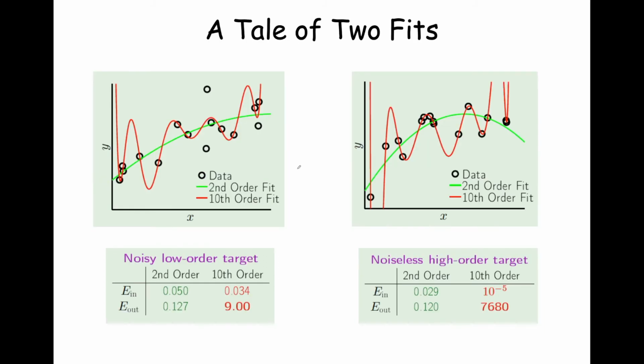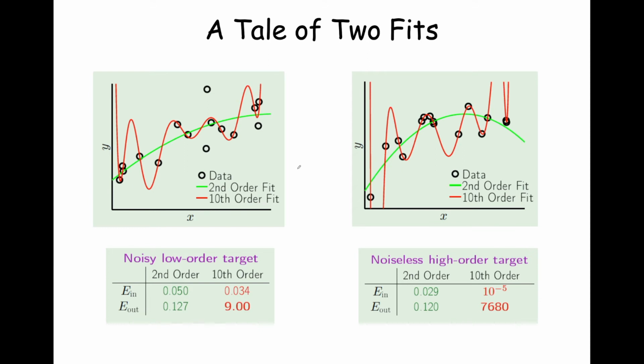Okay, and so let's take a look at the two fits. Now, remember, we're fitting a second order polynomial and a 10th order polynomial to each. So on the left-hand side, we have the noisy low order 10th order polynomial. And if we look at in-sample error and out-of-sample error for both of our hypotheses, well, the second order polynomial has an in-sample error of 0.05, out-of-sample 0.127.